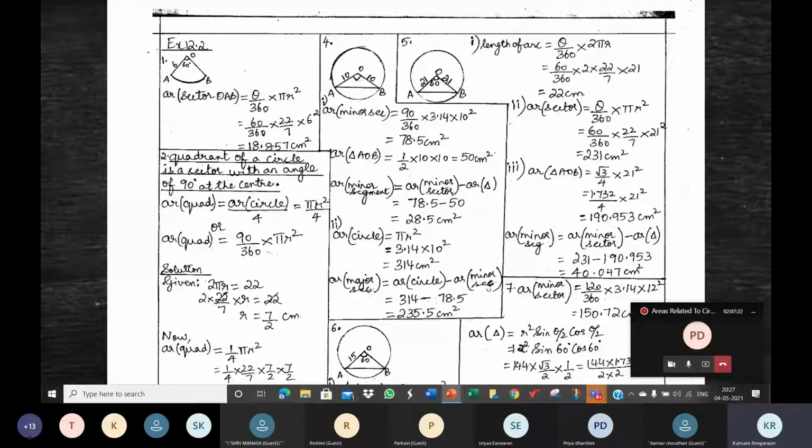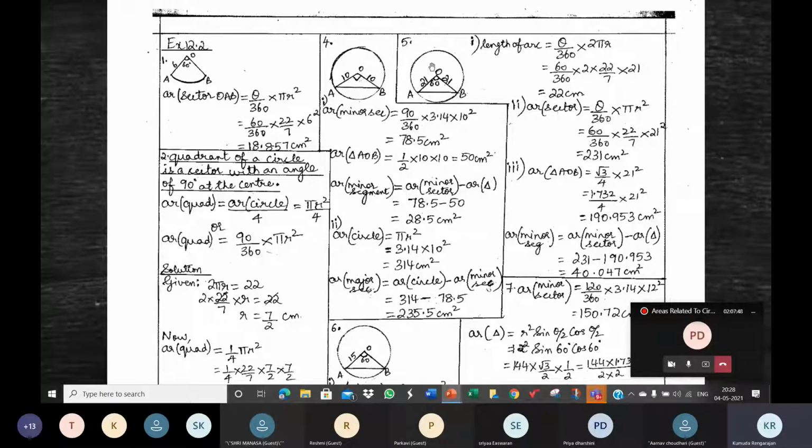That can be found using the formula straight away: 300 by 360 into 2 pi r. Or you can find the circumference of the circle. The circumference of the circle is the total length of the boundary, and that works to 132. From that, if you subtract the length of the minor arc, 22.